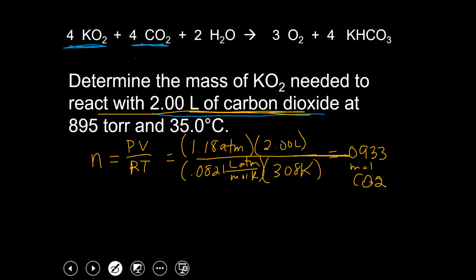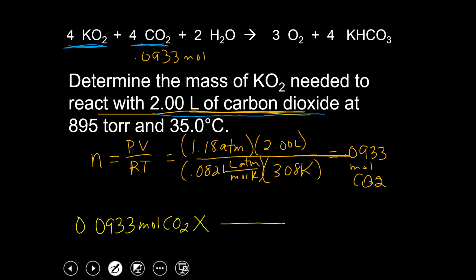Once I know how many moles of carbon dioxide, I can just do some stoichiometry. I start with the moles of carbon dioxide. I don't need step 1 because it's already in moles, so I go right to the mole to mole ratio, which is 4:4. That's easy enough. 4 moles of CO2 reacts with 4 moles of KO2.